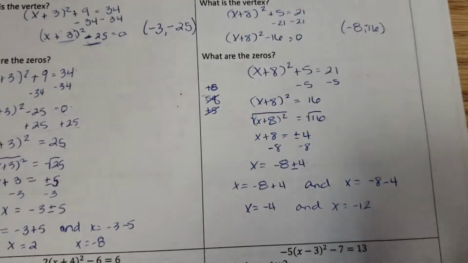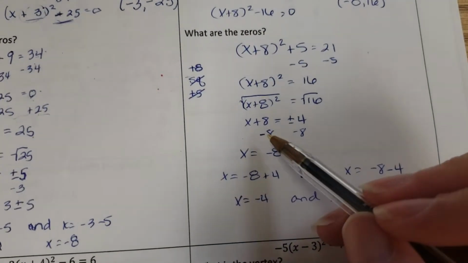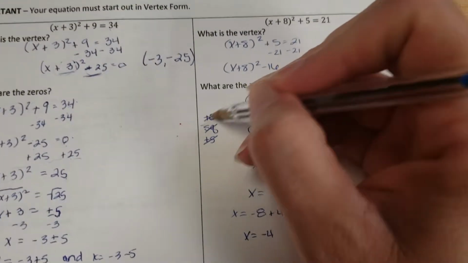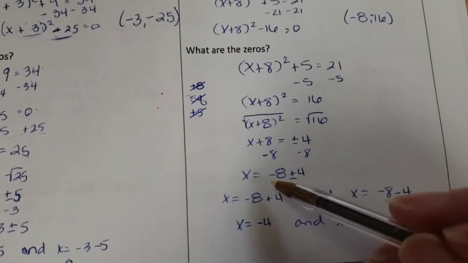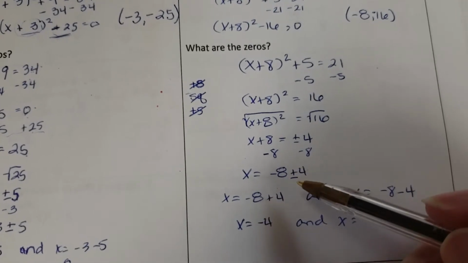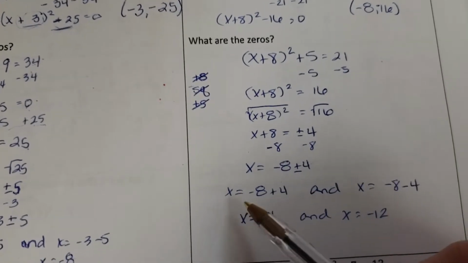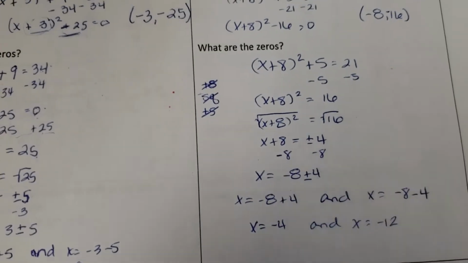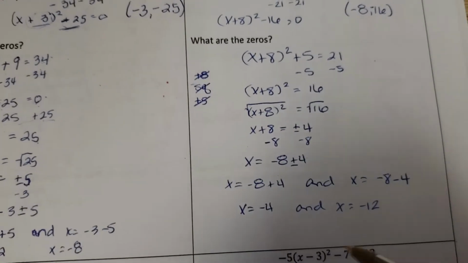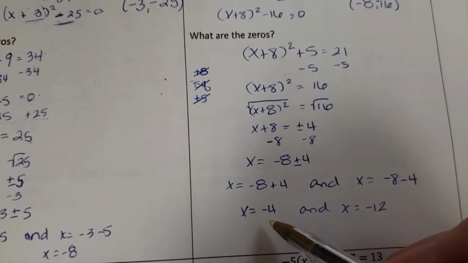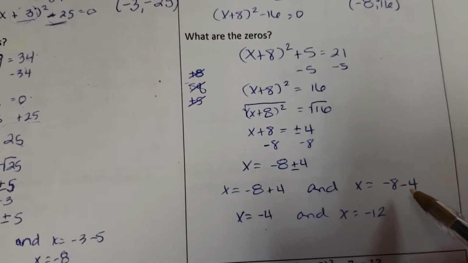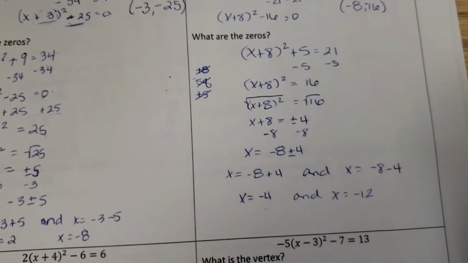So we've taken care of the squaring. And then we subtract an 8 from both sides to take care of the +8. So that leaves us with x = -8 plus or minus 4. So we break that down into x = -8 + 4 and x = -8 - 4. So x = -8 + 4 gives us x = -4, and x = -8 - 4 gives us x = -12.